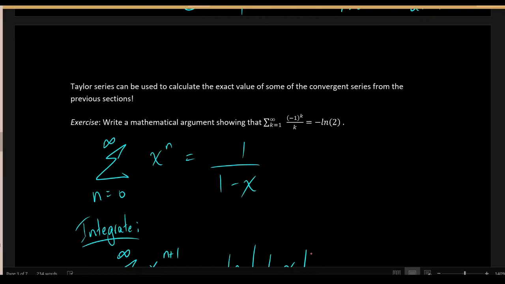Then we introduced some alternate ways to find Taylor series by applying some calculus and algebra techniques to the series that we had already obtained for some given function. Finally, we used Taylor series to find the exact value of some convergent series from previous sections, such as our friend negative 1 to the power k divided by k.